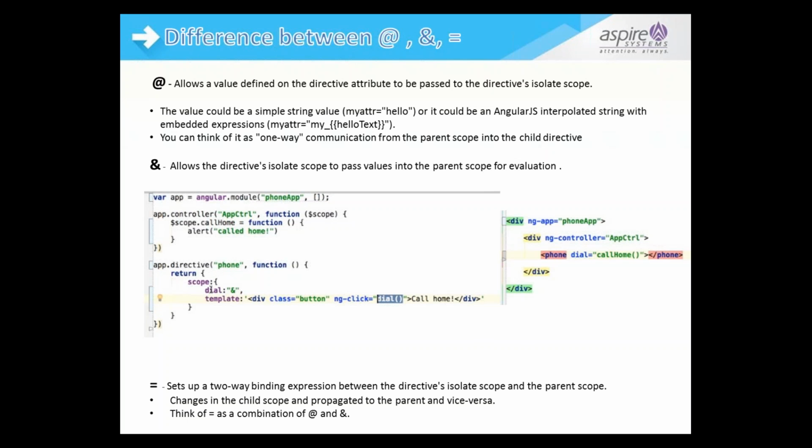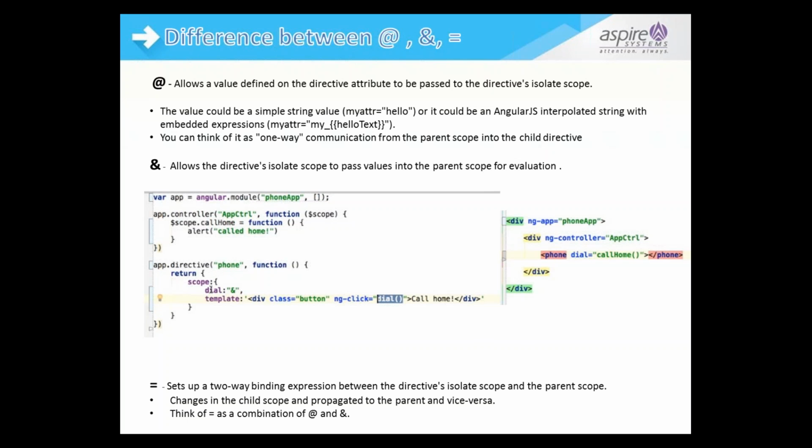If you put it like this, this is the place where I am going to use it. So I open a div, I mention my controller name. Inside that I am using that directive. Here, I say dial equal to call home. I am calling a function from my directive. But is this call home present anywhere inside my directive? Have I written a call home function in my directive?